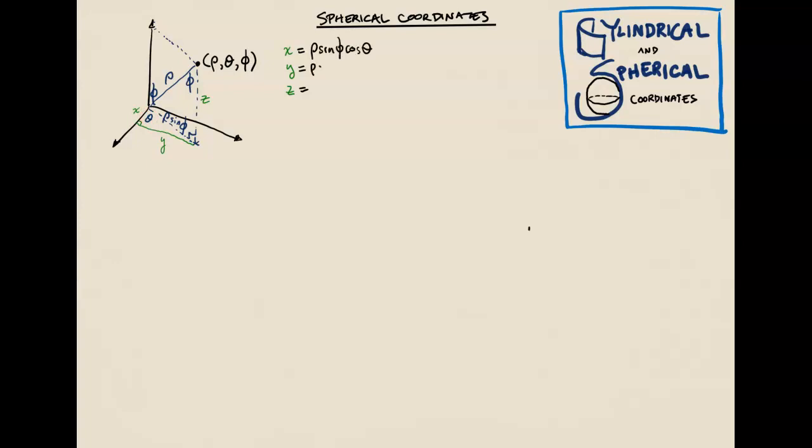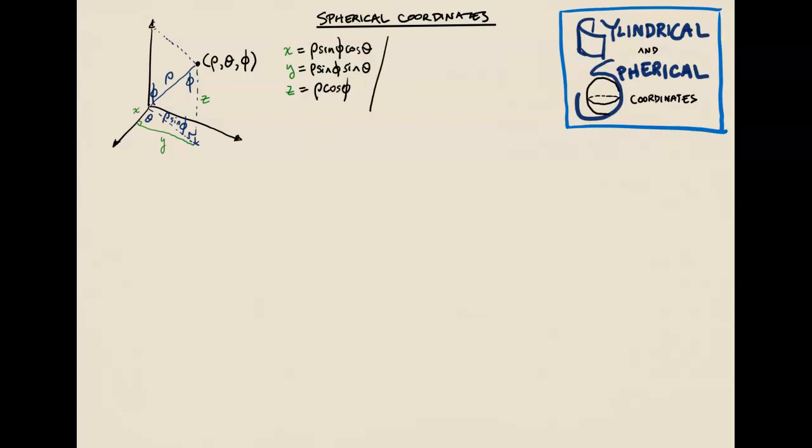Similarly, y is going to be rho sine phi sine theta, because y is the hypotenuse of this triangle times the sine of theta. And finally, z is the hypotenuse of this triangle times the cosine of phi. So z is rho cosine phi. Good, so we've got our spherical to Cartesian conversions.